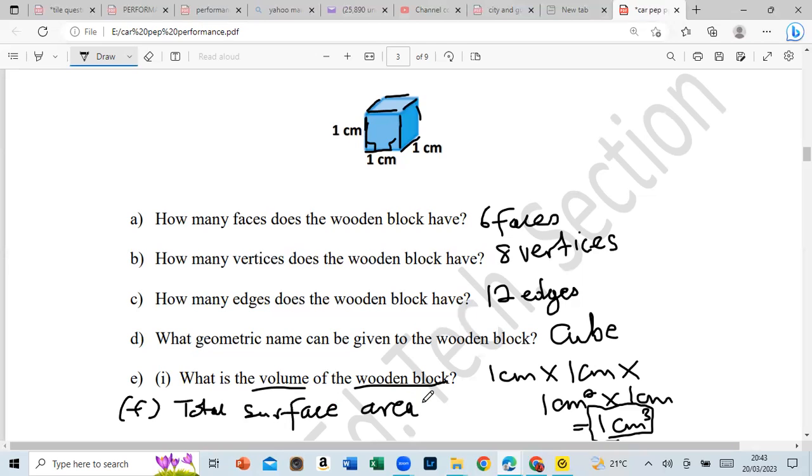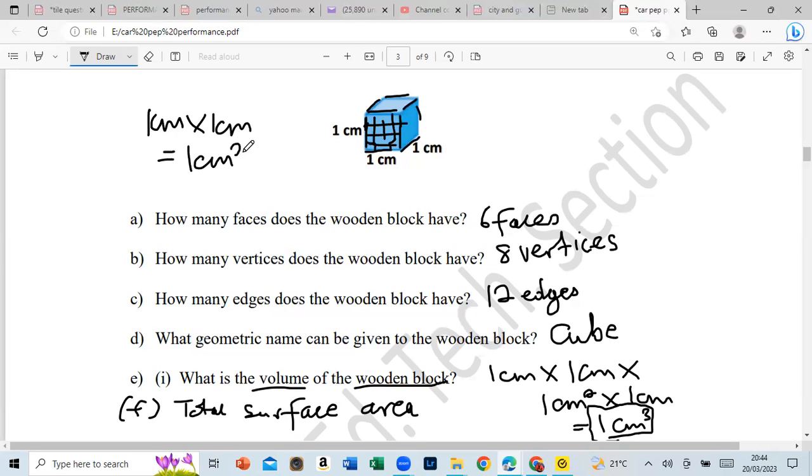So the total surface area is the area added up of all 6 faces. But we know that all the faces have the same area, so we just find the area for one. It will be 1 centimeter by 1 centimeter, which is 1 centimeter squared.